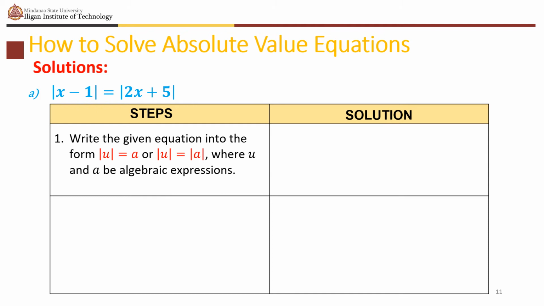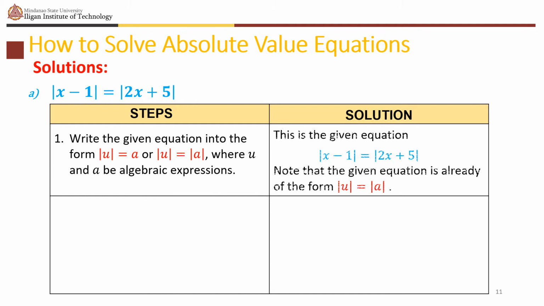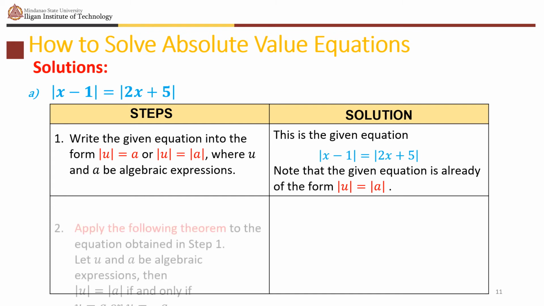In this case, we make use of the following. The absolute value of u is equal to the absolute value of a, because it is of this form. So this equation can be solved as follows.